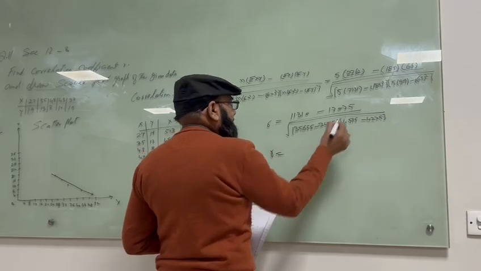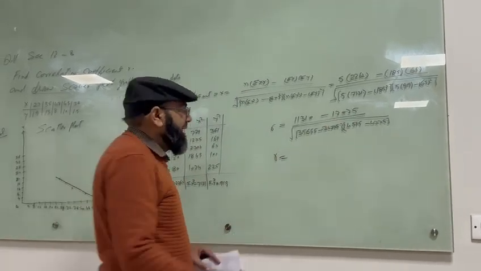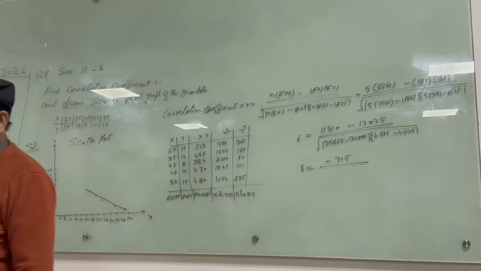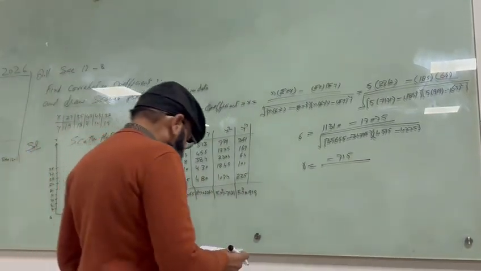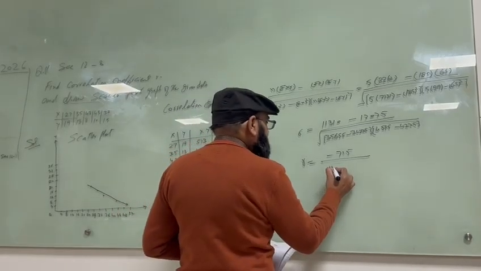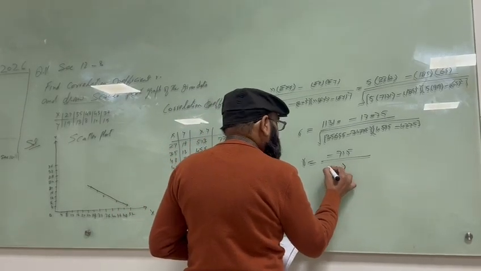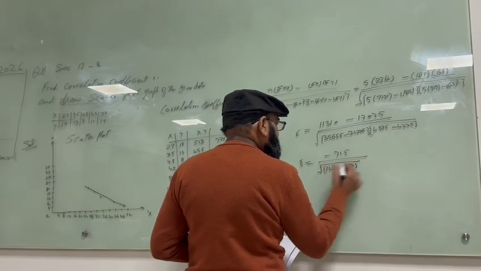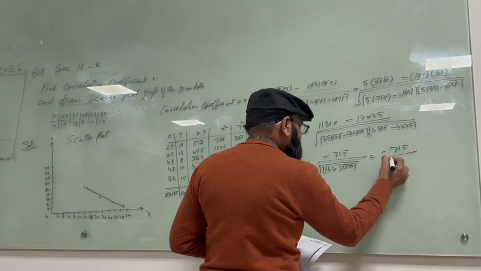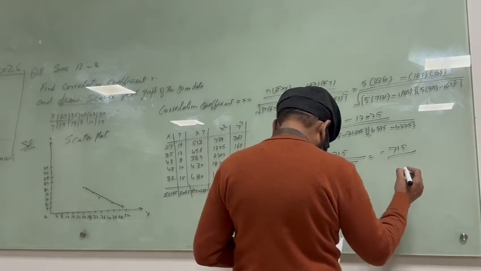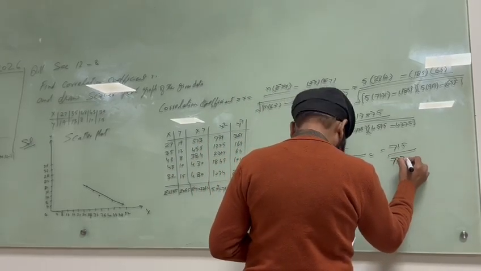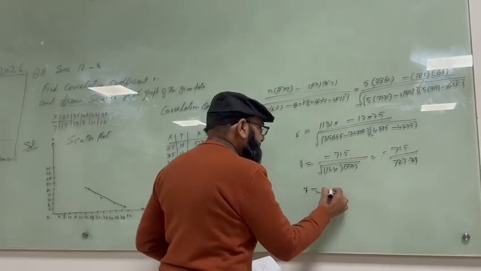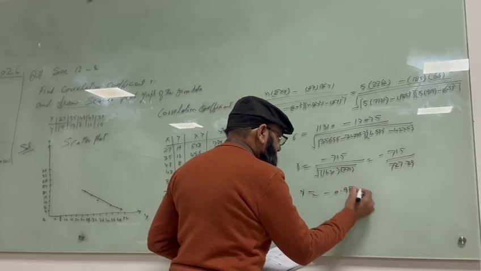So R is, what is the difference? The numerator is minus 715, and in the denominator it is 1430 and 370 under the root. The calculation of this is 727.39. Now divide. The result will be minus 0.098.